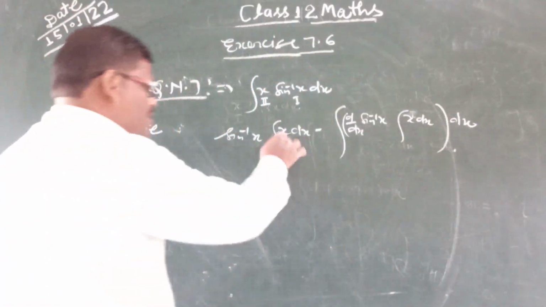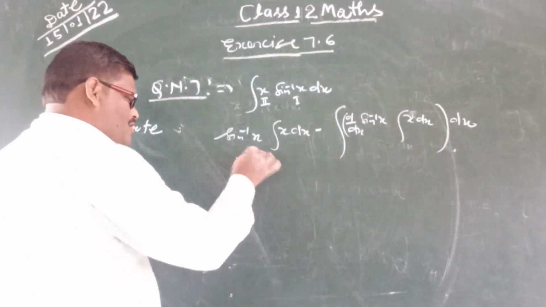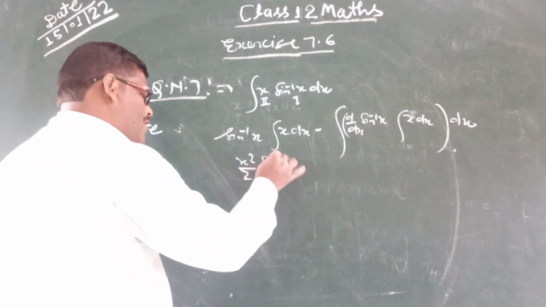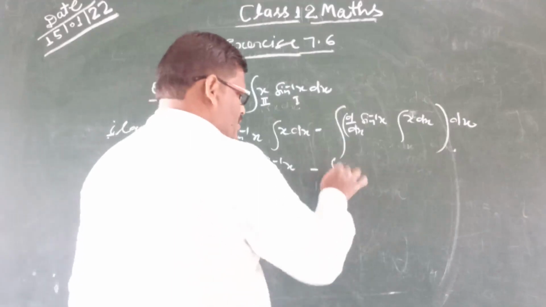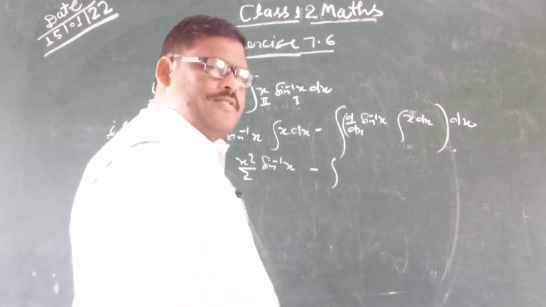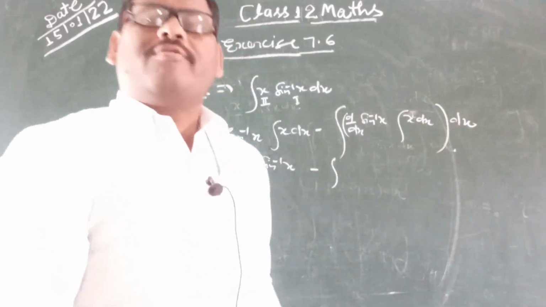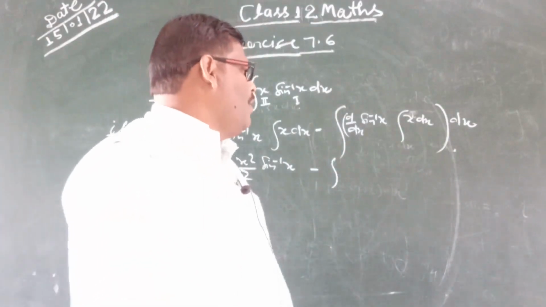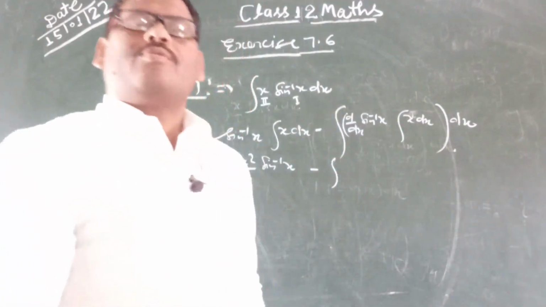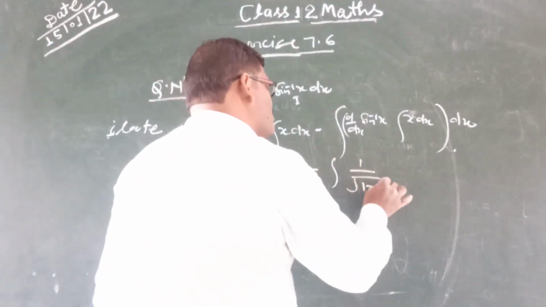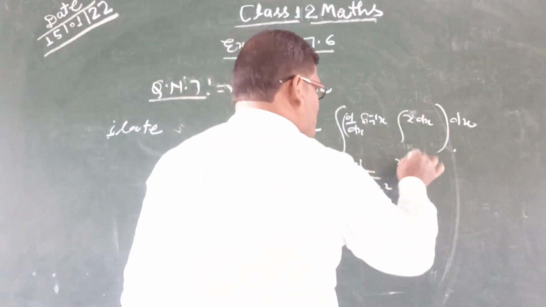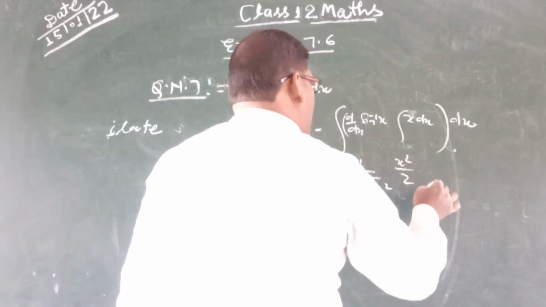Now integration of x is x squared by 2, times sin inverse x, minus integration of d by dx of sin inverse x. As you know, d by dx of sin inverse x is 1 upon under root 1 minus x squared, times x squared by 2, dx.